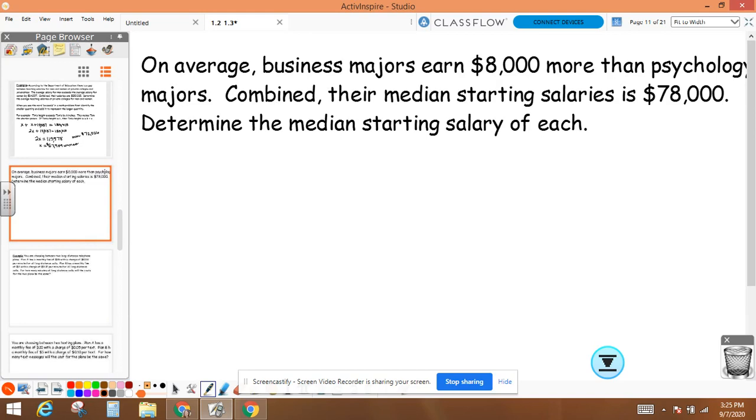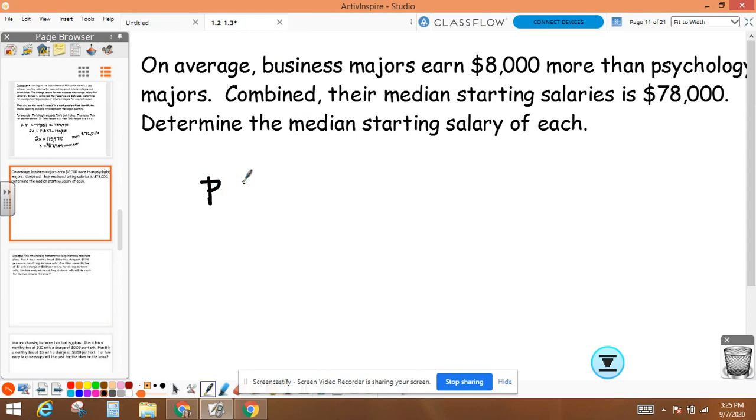All right. So this is another example, just like the one we just did. On average, business majors earn $8,000 more than psychology majors. Combined, their median starting salaries are $78,000. Determine the median starting salary. So pause, try this one, and then see how you did. All right, business majors earn $8,000 more than psychology majors.